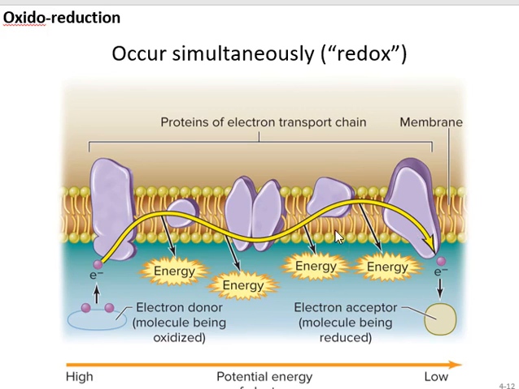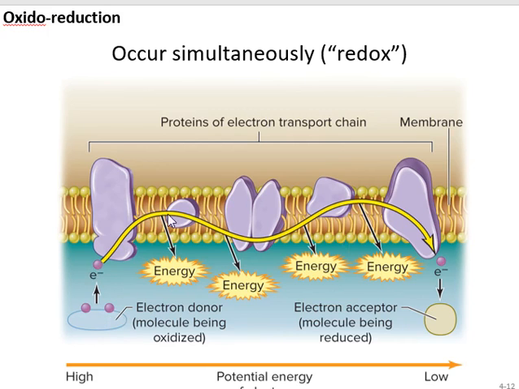Now those oxidoreductions take place in the electron transport chain, which we talk about in detail in respiration and photosynthesis. In this case, all I want to tell you is electrons come from oxidized molecules. They are flaky, they lose some electrons.